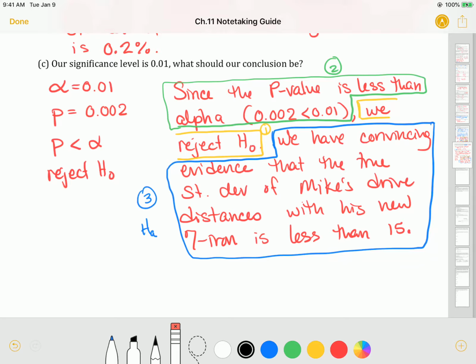Okay? So next time we meet, we are going to jump into section 2, and we're going to actually carry out the 4-step process for a significance test. And this is the hardest part, setting up our hypotheses and the conclusion.